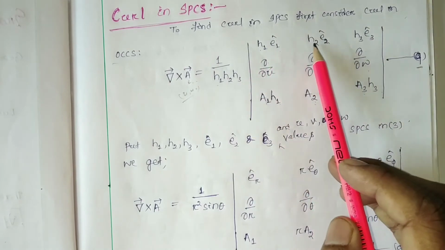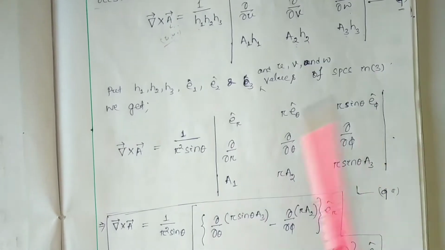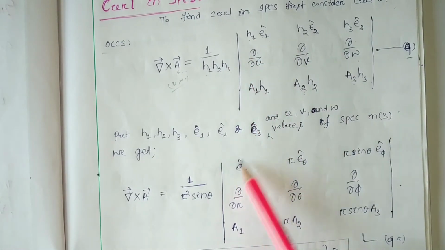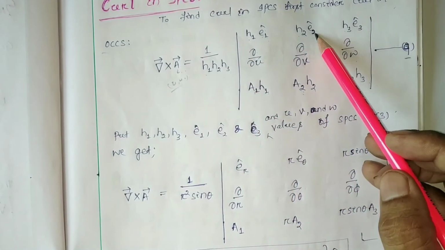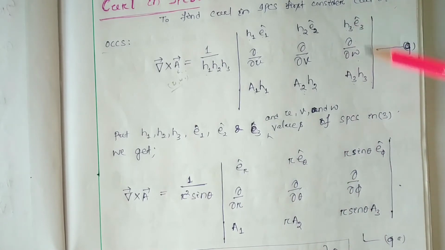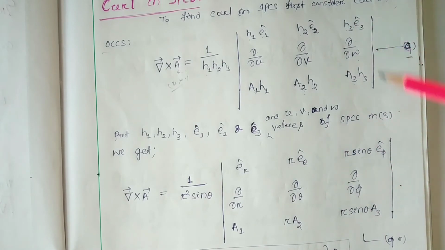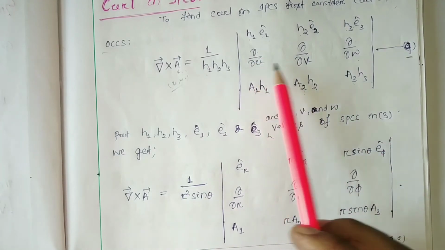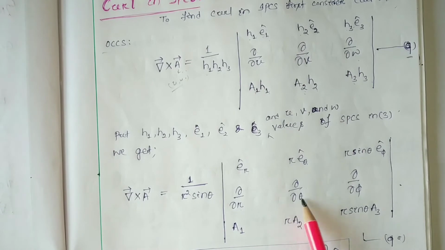h1 is 1, e1 cap is nothing but er cap. h2 is r, e2 cap is nothing but e theta cap. h3 is r sin theta, e3 cap is nothing but e phi cap. Now del by del u, v, w are nothing but r, theta, phi.